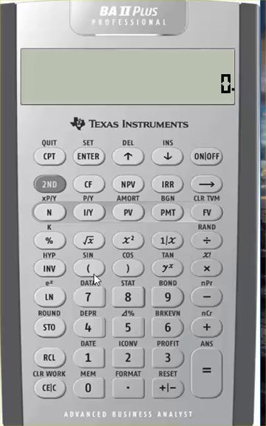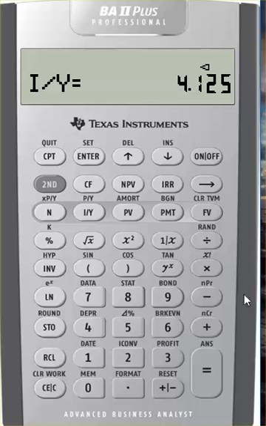In this case, I've got a 30-year mortgage monthly, so that's 360 total payments. My interest you were given is 4.125 per year. I don't have to divide that by 12 because I've already changed my compounding period to 12.